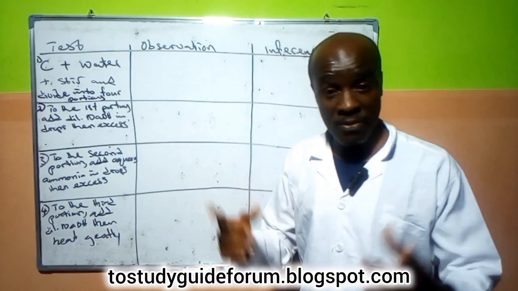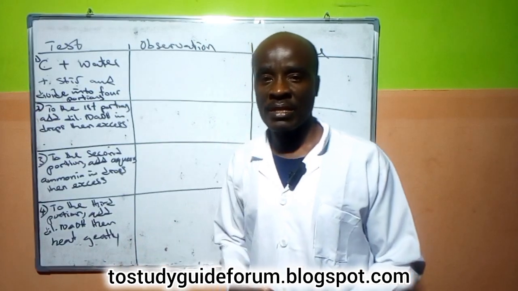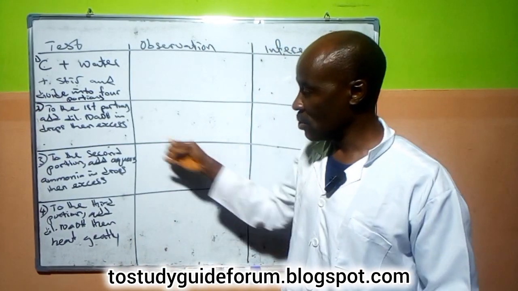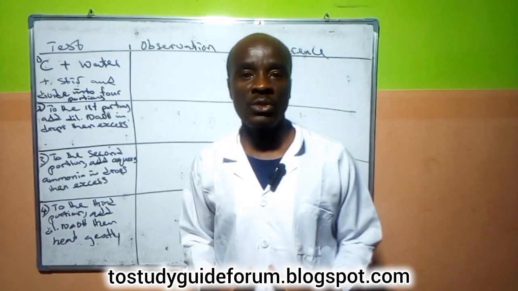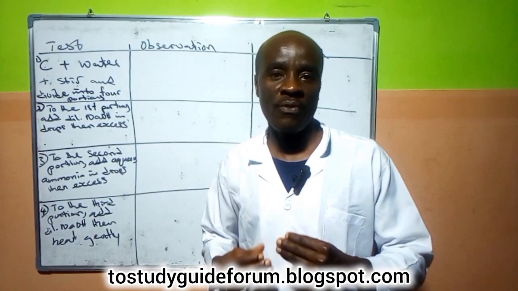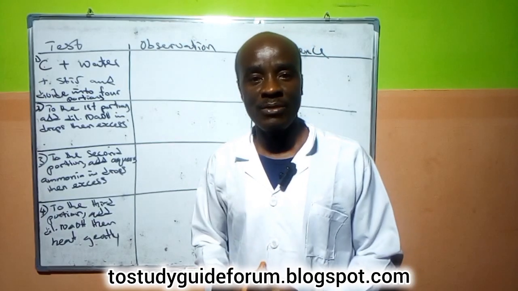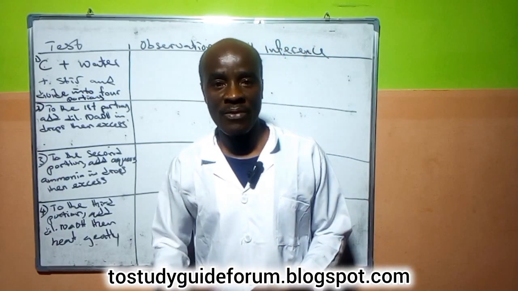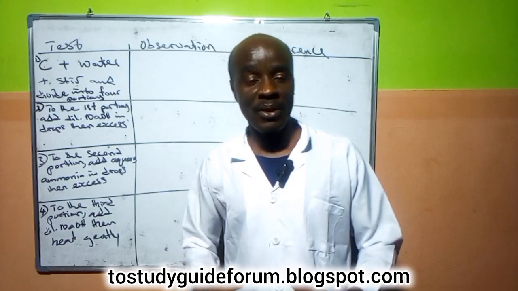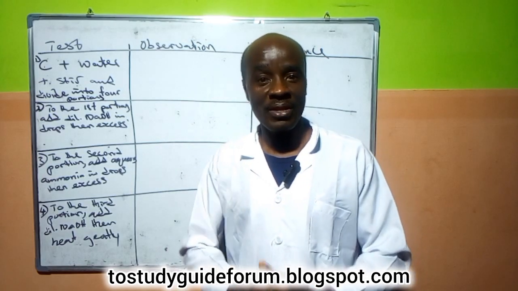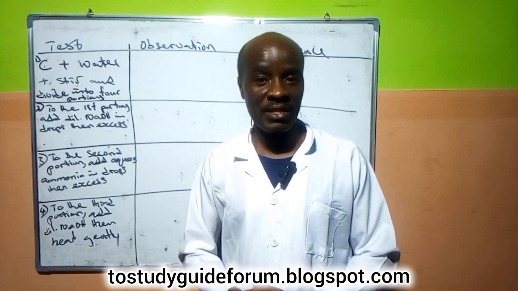Remember, like in the previous video I made the other time, even though I did not really disclose this very thing, I was trying to help students to really know how to identify some of the cations. Although I received some comments from some people on my Facebook page, they were like, what's the kind of things you're doing? What does this thing mean? They didn't even disclose anything to us.